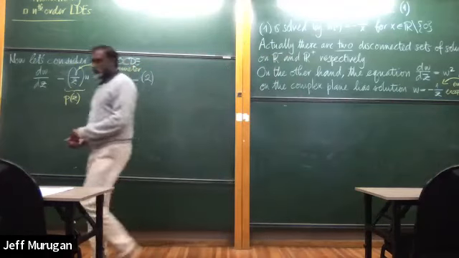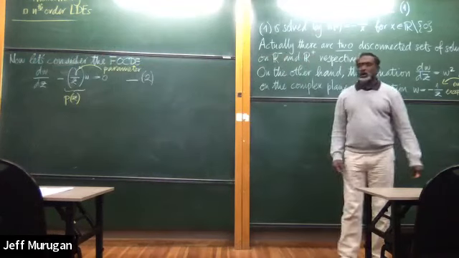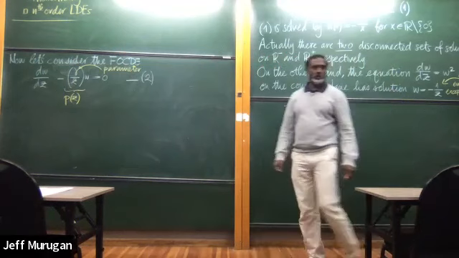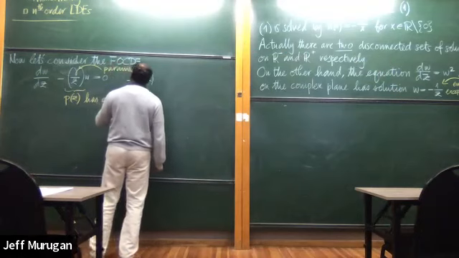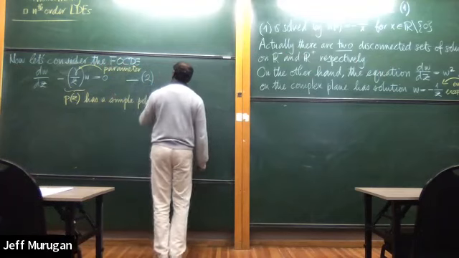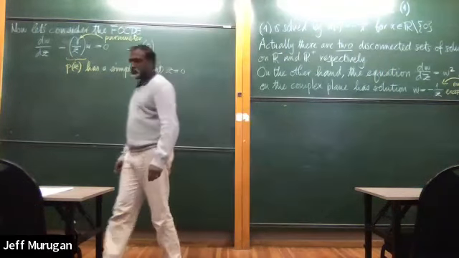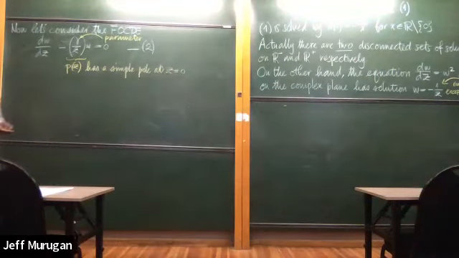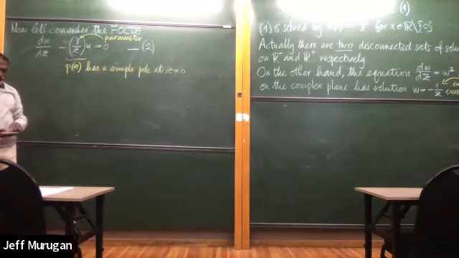Notice that this coefficient function has a simple pole at z equals 0. I'm looking for a function w such that when I differentiate this function w, I get w itself with this factor of gamma over z in front of me.